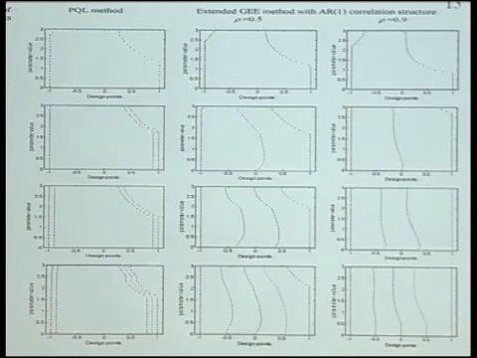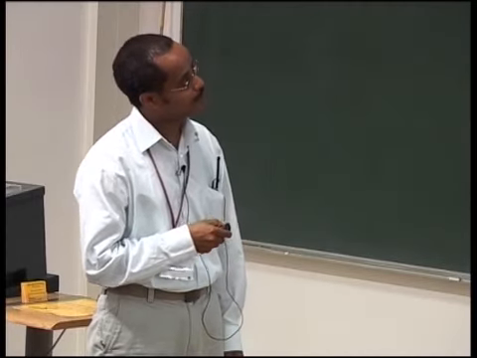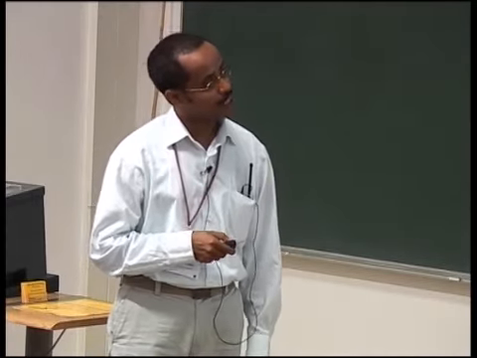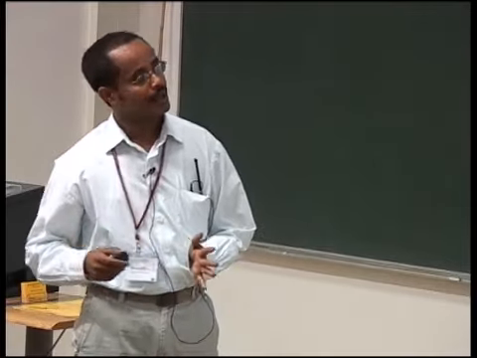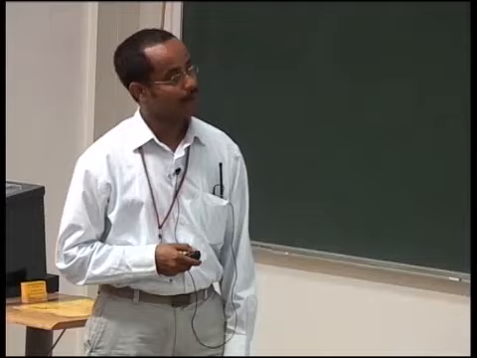But in the case of the extended GEE method, the additional design points are far from the two end points, and they tend to come to the center, or when you increase the number of repeated measurements, they tend to behave like equidistant time points.